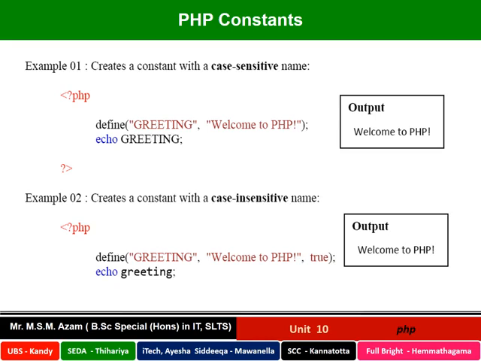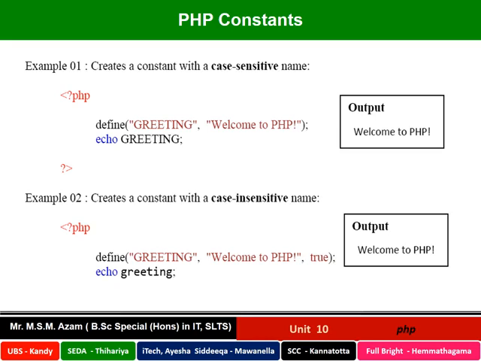The reason, by default, case insensitiveness is false. So if you are not mentioning that argument here, PHP will take that constant as a case sensitive constant. After that, using the echo function, I am printing the value of the constant GREETING. But see, in echo, we gave the constant name in capital form as it is declared in the define function. So I will get the output welcome to PHP.